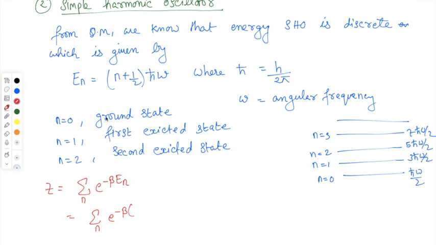We are substituting the value of E n, which is n plus half times h cut omega. So we can take out e to the power minus beta h cut omega by 2, and the summation over n of e to the power minus beta h cut omega times n.